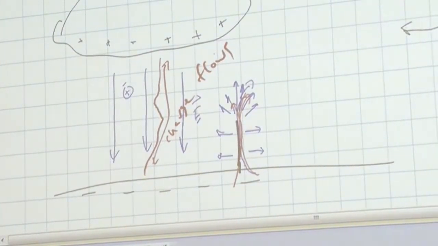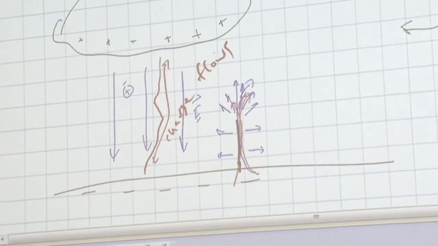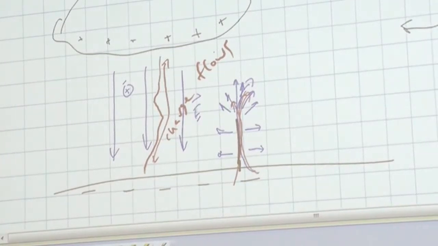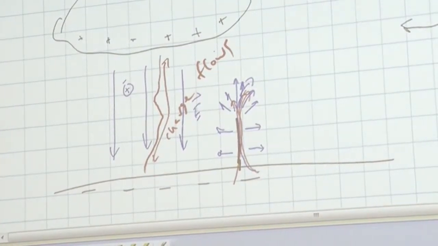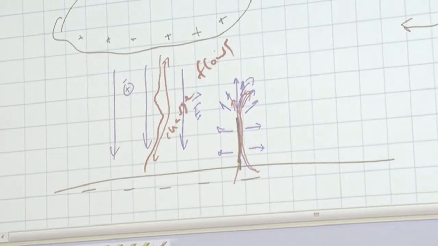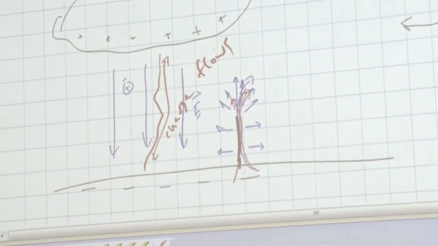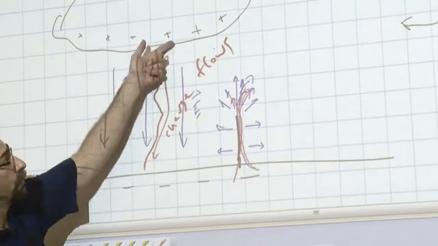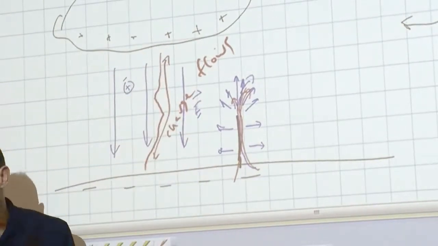You can get some of those charges to bleed off and reduce that potential difference between the clouds and that object. It depends on how quickly this separation is taking place.